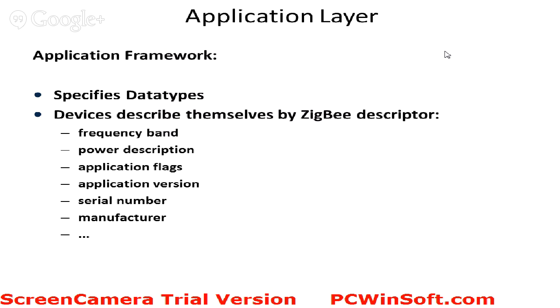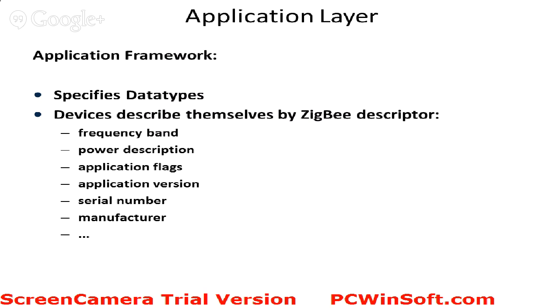Now this is the basic framework of an application which specifies the data types by means of attributes and clusters. Attributes are basic units, group of attributes are clusters. Then there are device descriptors for each and every device.